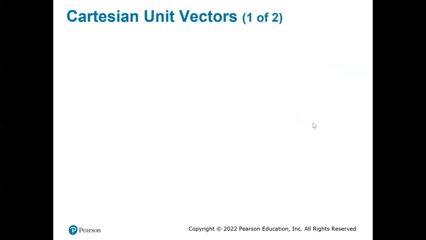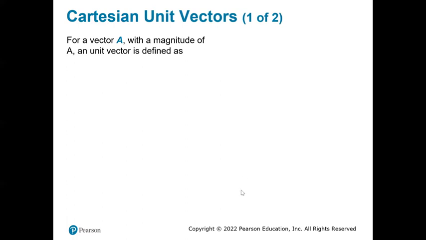Okay, so let's look into what Cartesian unit vectors are. Let's assume you have a vector A. I'll be using a bold letter for representing my vector, or you can also represent it with an arrow. Anything is fine.